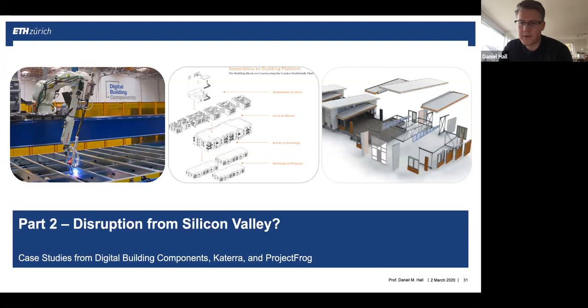The second question from Irfan is, is it correct that with new, more integrated organizational structures, industrial manufacturing in the factory must necessarily be used, thus replacing the traditional craft on site? Yes and no. So I think it's done because people want to connect the design to production chain.